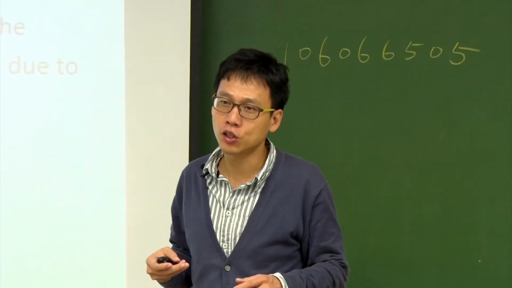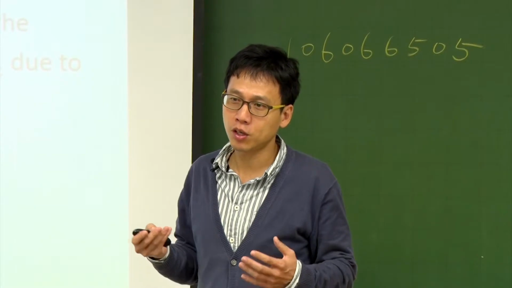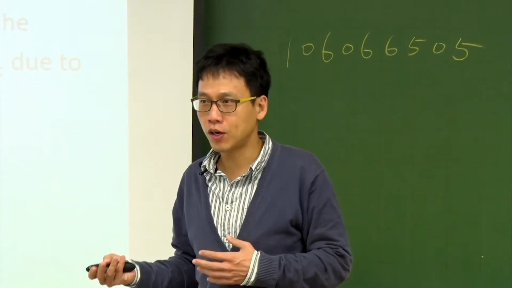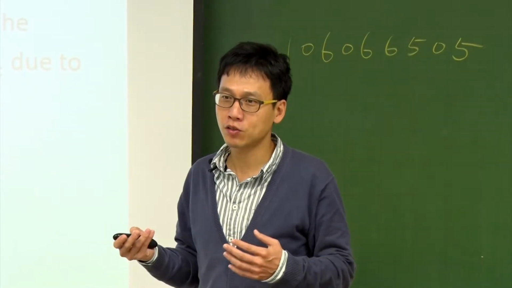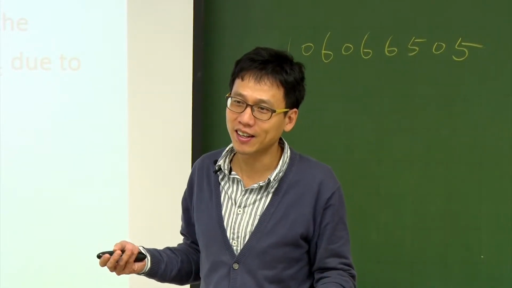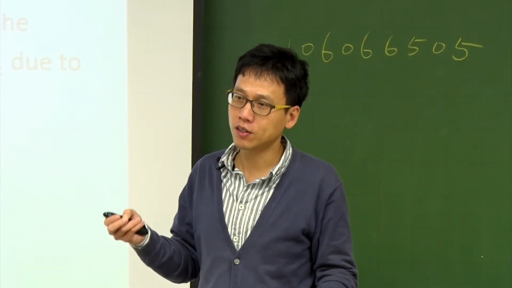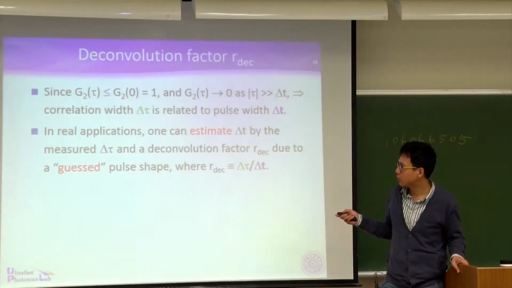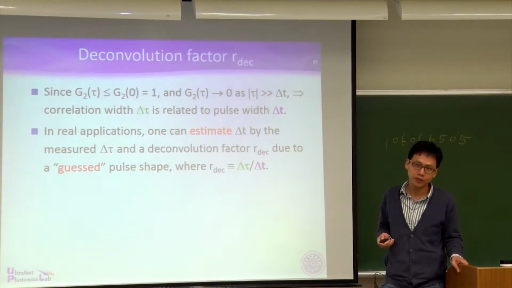You can only assume your pulse shape is maybe a Gaussian function or a sech function or other functions. Once the function is fixed, the deconvolution factor is fixed and is defined as the ratio of correlation width to the pulse width.